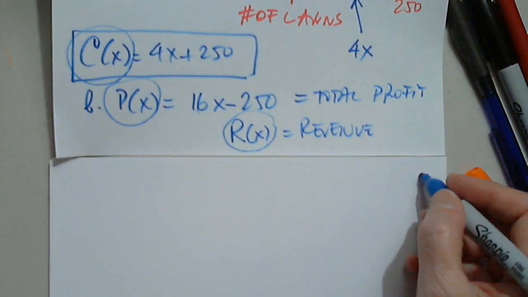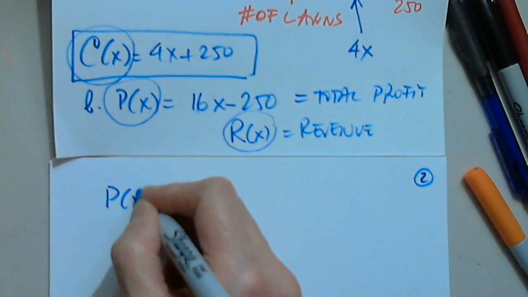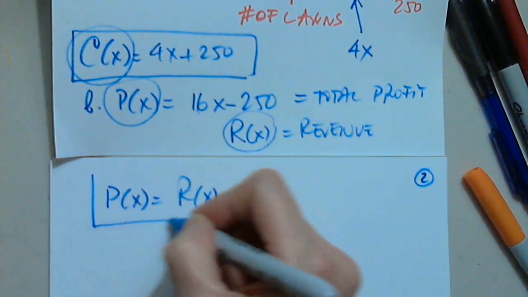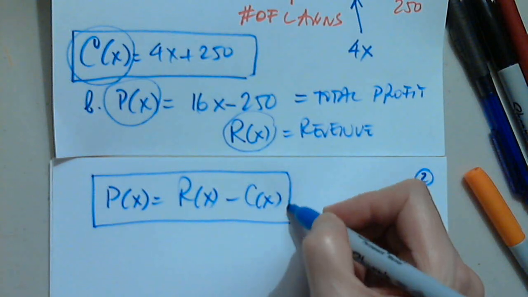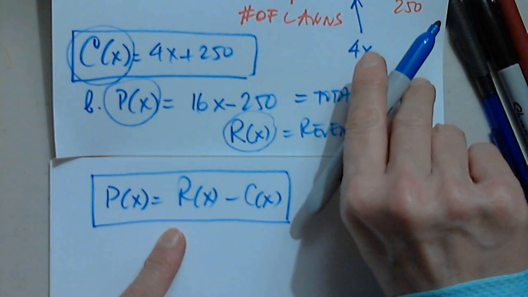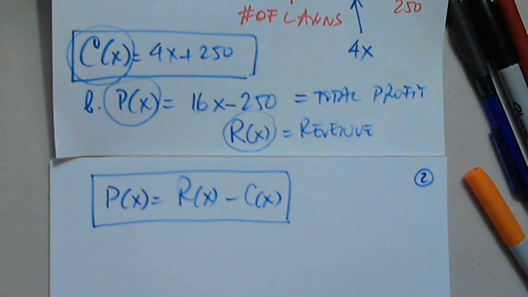Good. So profit, revenue, you said the same thing in a different way. The total profit is always money coming in minus the amount that goes out. So always revenue minus cost. Or if you want to say revenue, then you have to put plus.